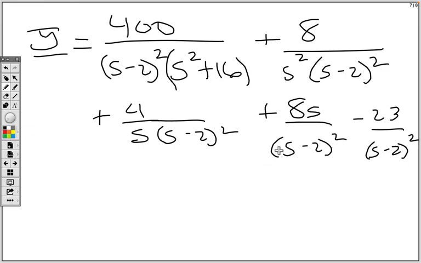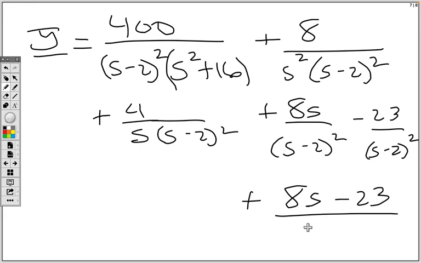All right, now some folks like to get common denominators and just do the partial fractions. Other people like to do the partial fractions and then add all the stuff up at the end. These have the same denominator, so it might make sense to look at this and maybe combine these, but these other ones have different denominators, right?